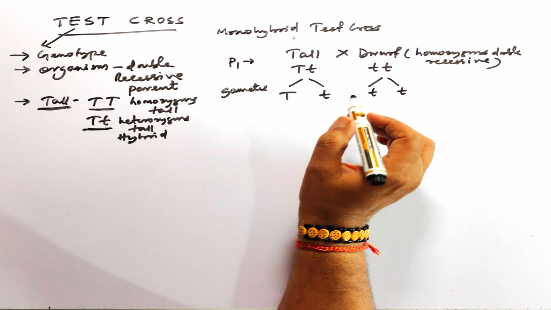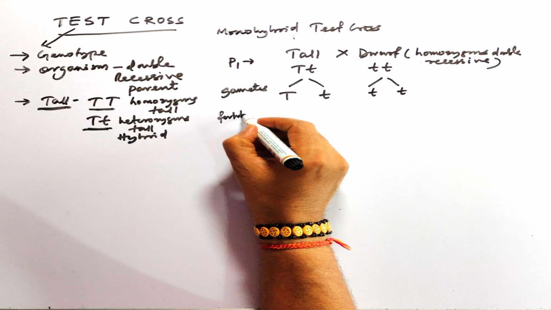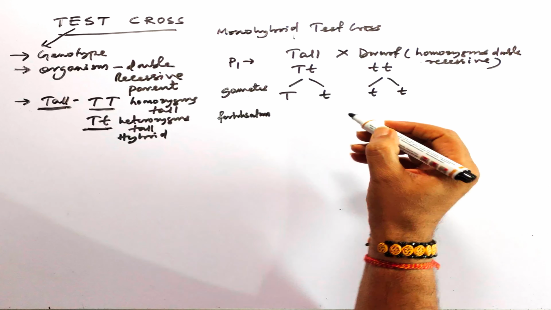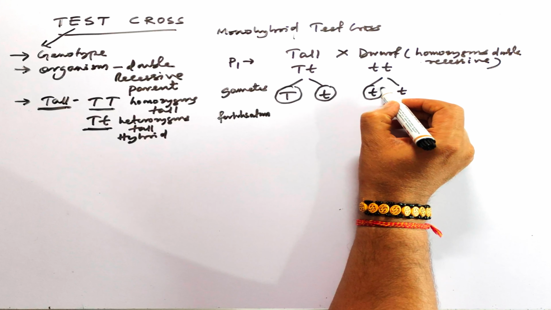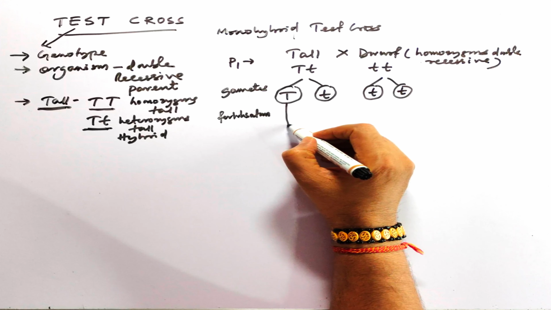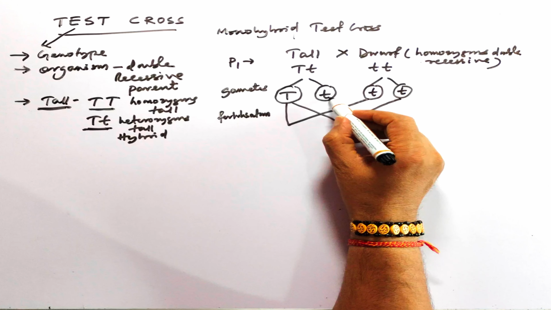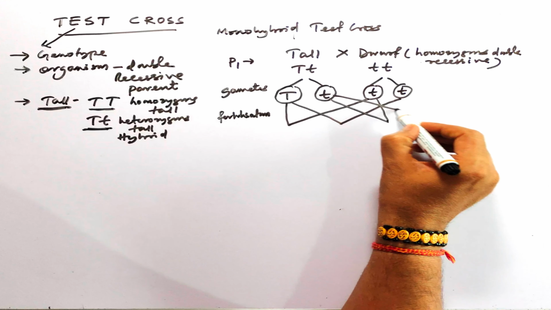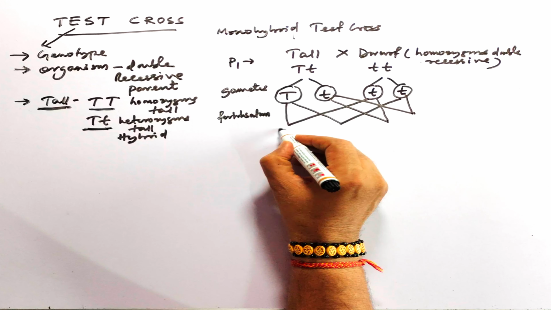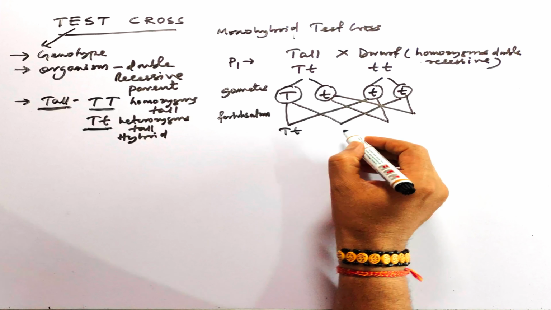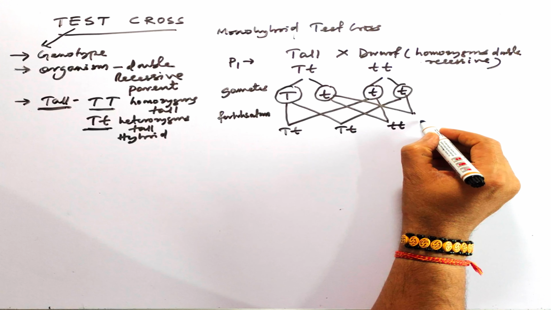Then random combination occurs, that is fertilization. These gametes may fuse with this, this, and this. So this is capital T small t, this is capital T small t, and this is small t small t.